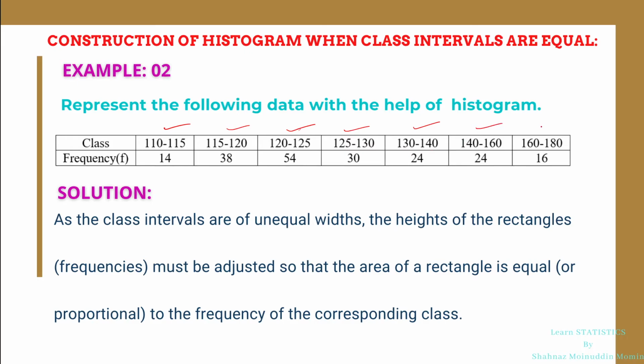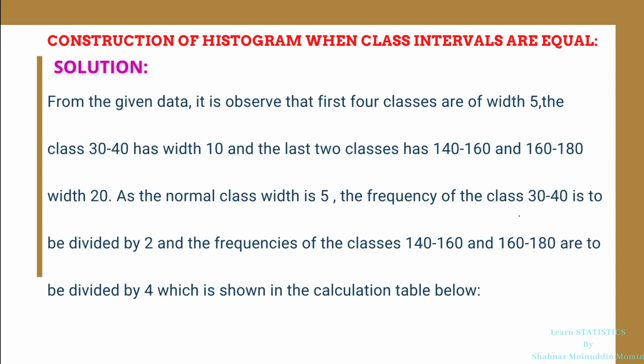Similarly, the last two classes, 140 to 160 and 160 to 180, have the width 20. And as the class intervals are unequal, the height of the rectangle must be adjusted so that the area of the rectangle is equal to the frequency of the corresponding classes.